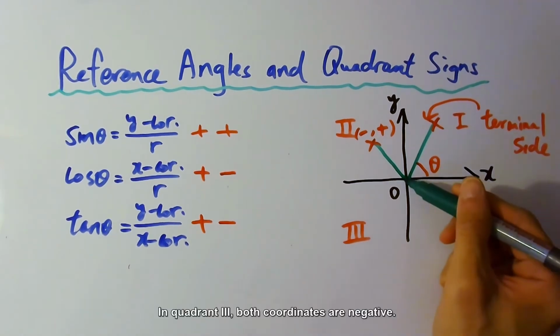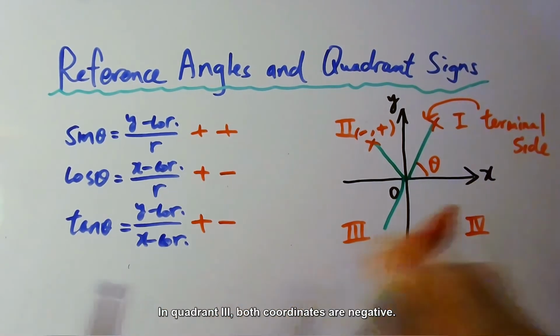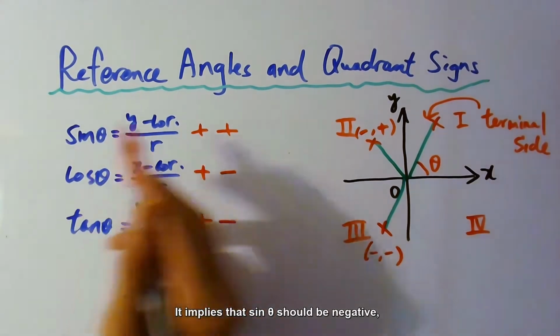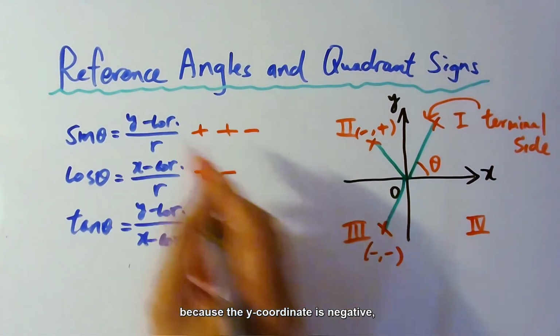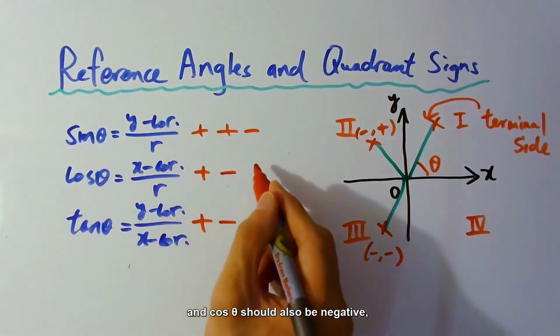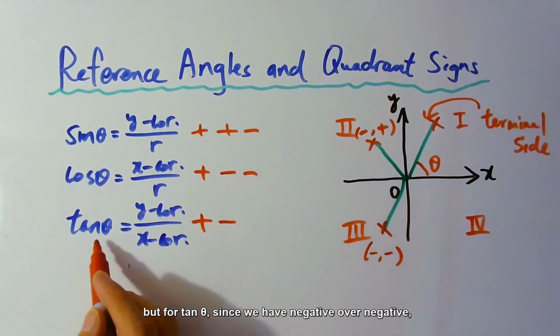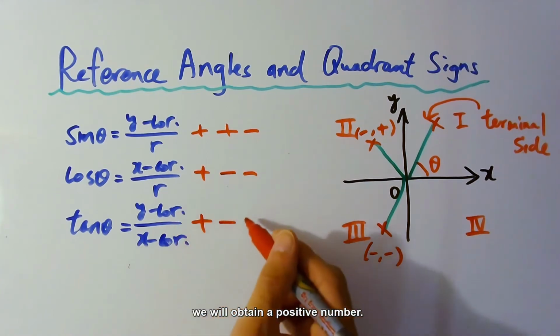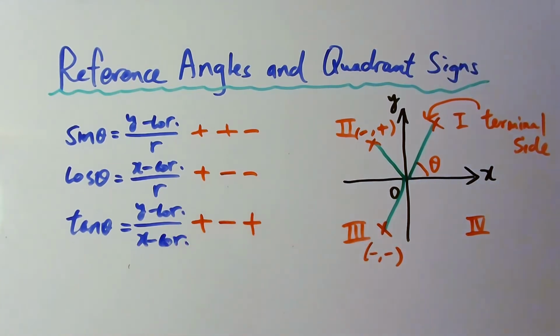In quadrant 3, both coordinates are negative. It implies that sine theta should be negative because the y-coordinate is negative, and cosine theta should also be negative. But for tangent theta, since we have negative over negative, we will obtain a positive number.